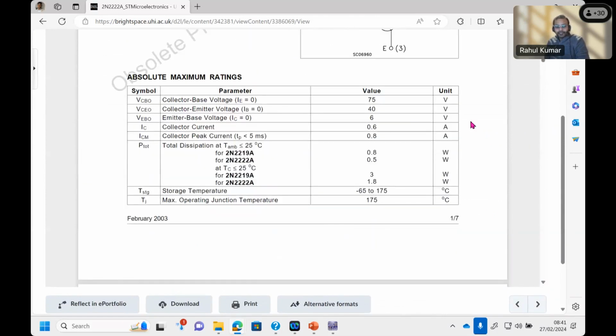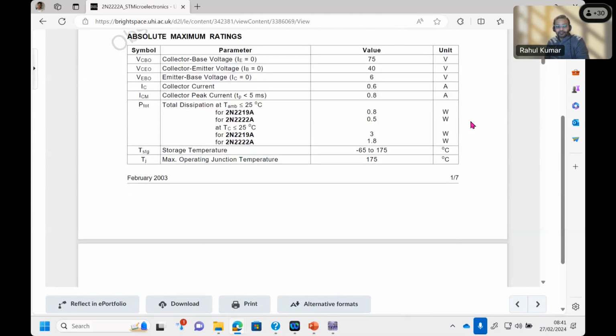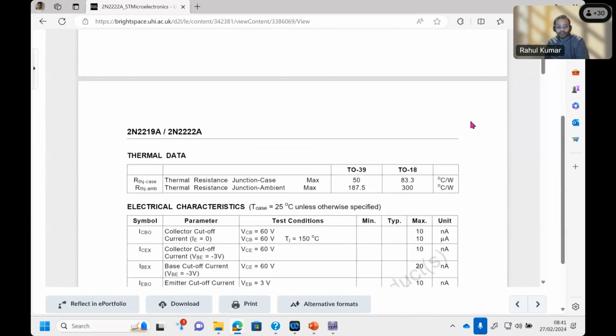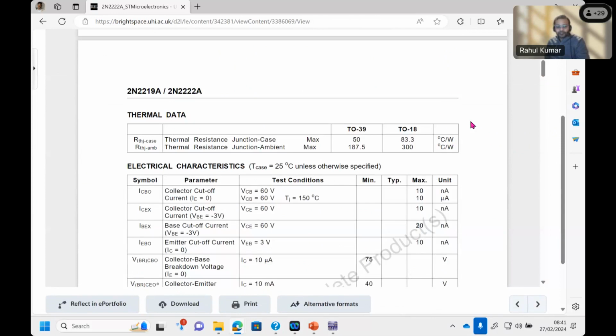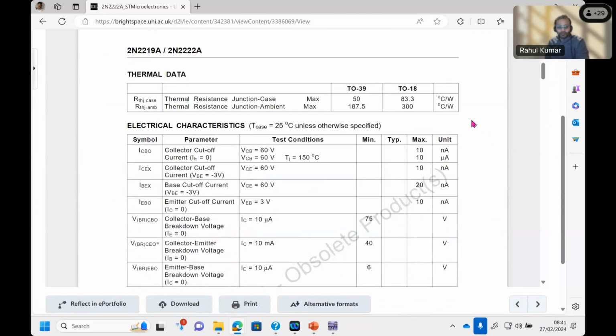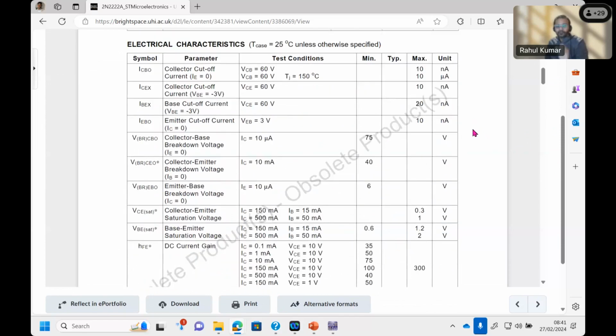Current gain is the factor that we multiply with the input current to get our output current. That means how much amplification you are getting in the output, or how much your transistor is amplifying the input. That factor is called current gain.